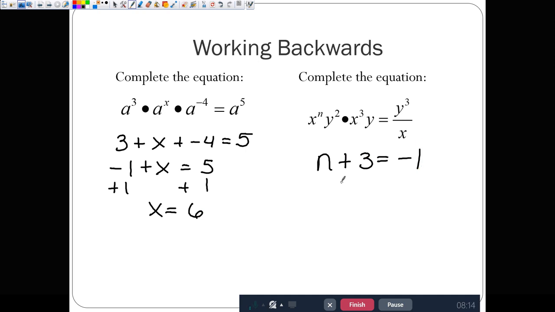So then I can just subtract 3 from both sides. So n would have to be negative 4. Because negative 4 plus 3 would give me a negative 1. So this would be like an x to the negative 1, which would then move it to the base of my answer. So that's working backwards.